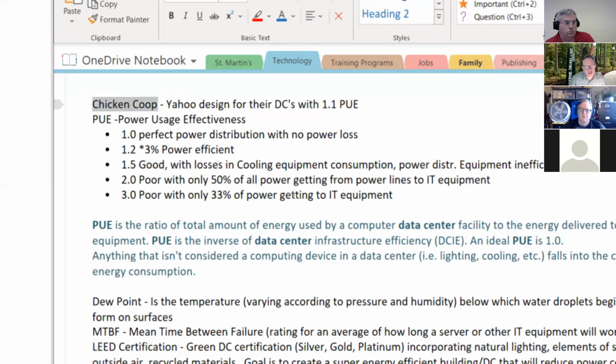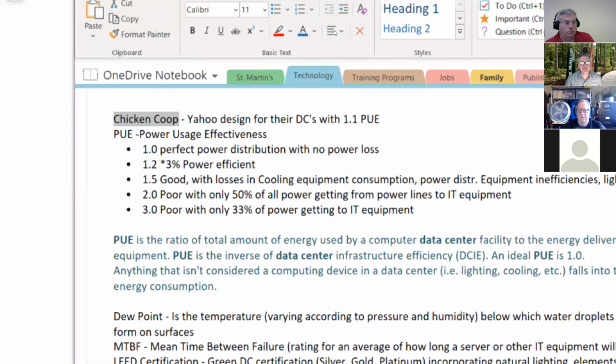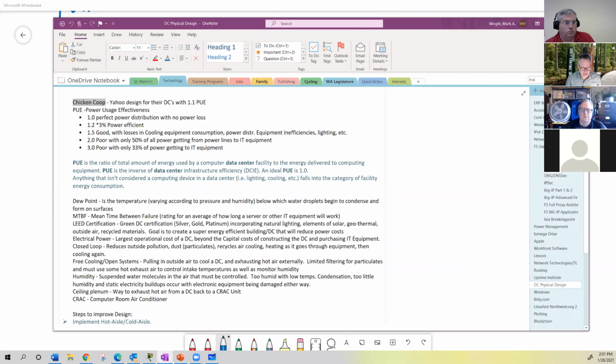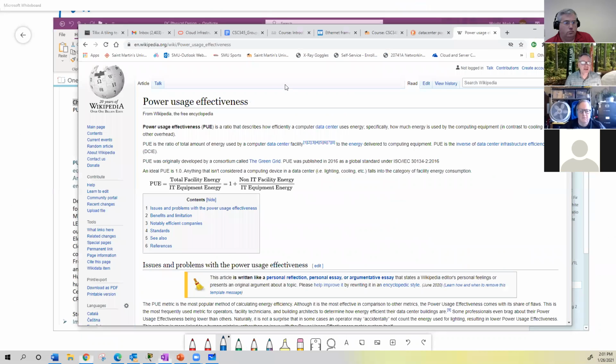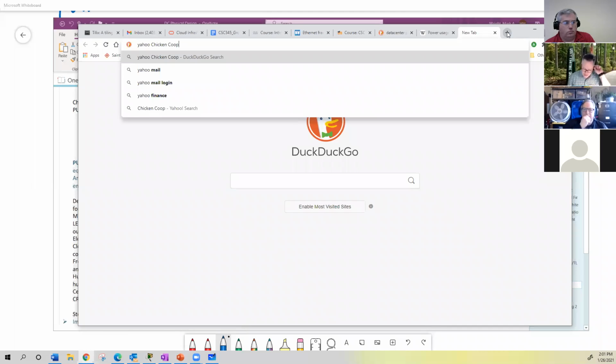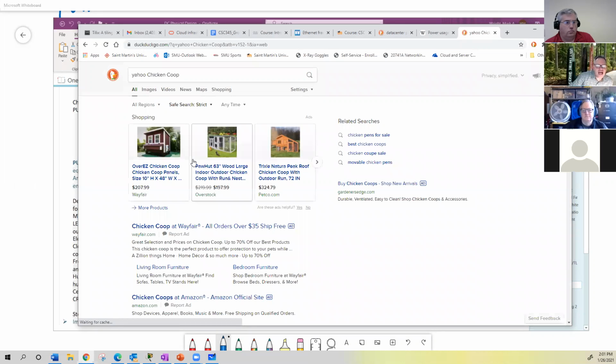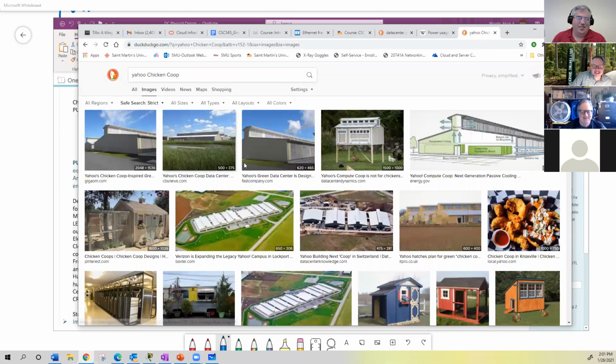This chicken coop, I throw this in here because it's a good example of trying to be more efficient. Yahoo has what's called a chicken coop design, not these chicken coops, this chicken coop right here.